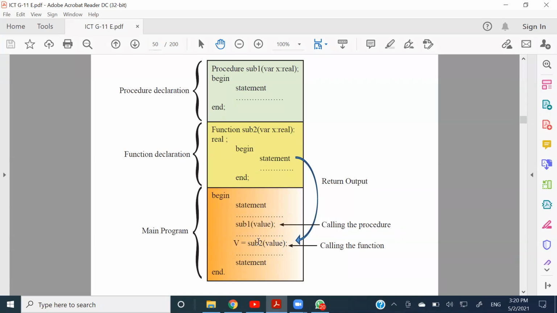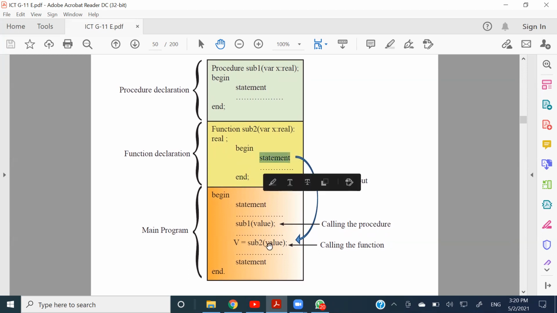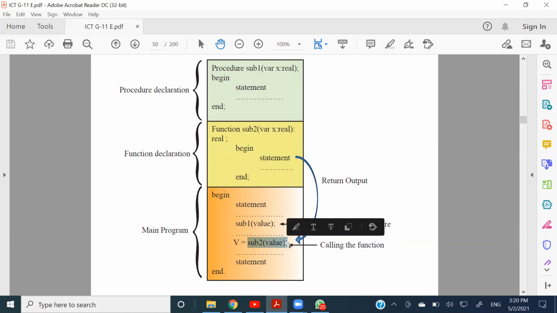Anyway, once it is called, it will go and find the particular function and do whatever it is asked to do, then return something to the main program, actually replacing the call with the returned value. That return will be assigned to a variable, in this case the variable v, right?